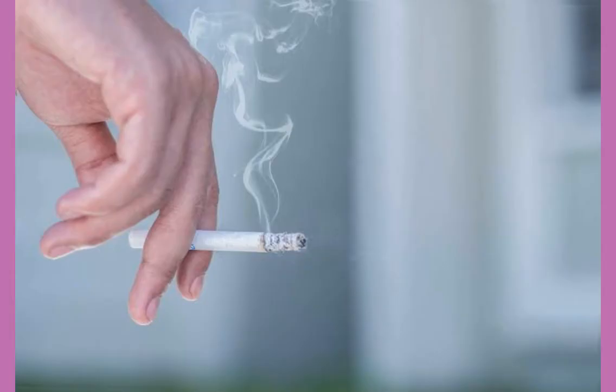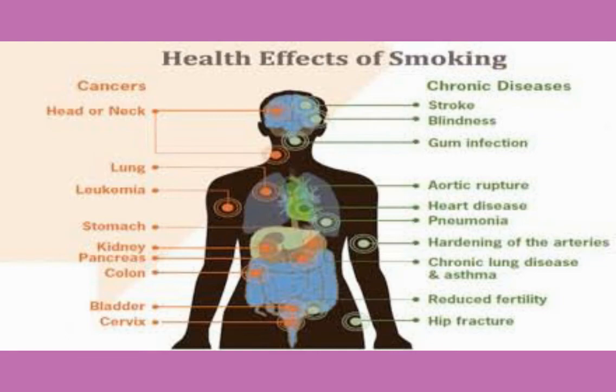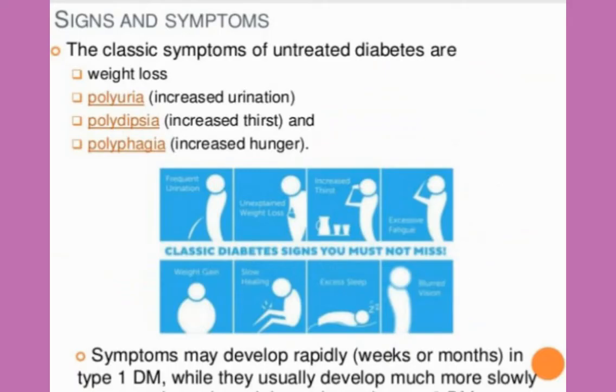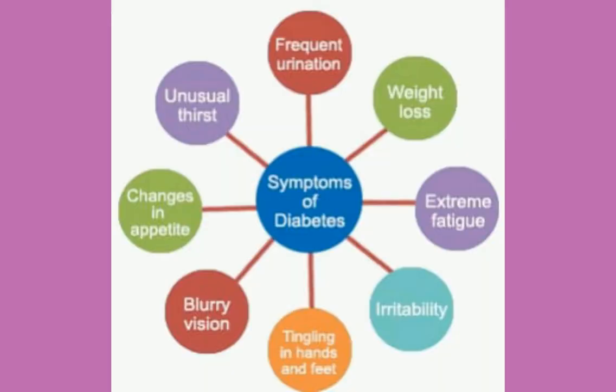The diabetes mellitus patient is going to have increased thirst, increased hunger, dry mouth, frequent urination, and unexplained weight loss.